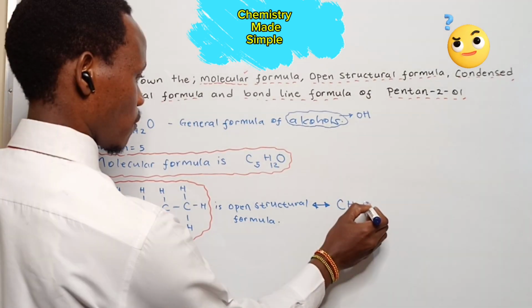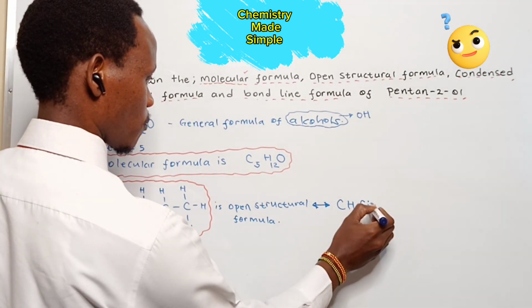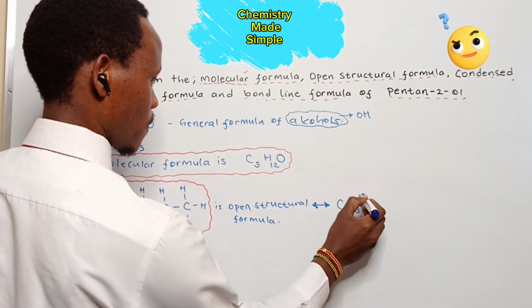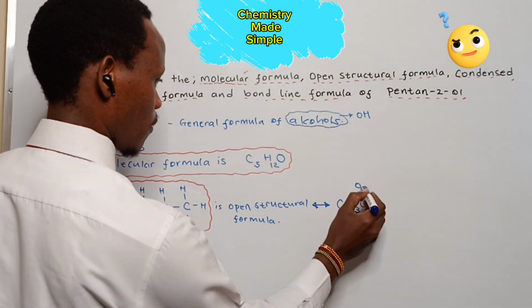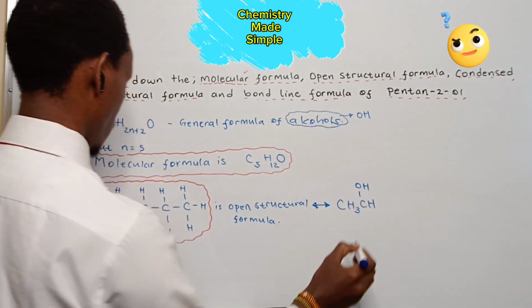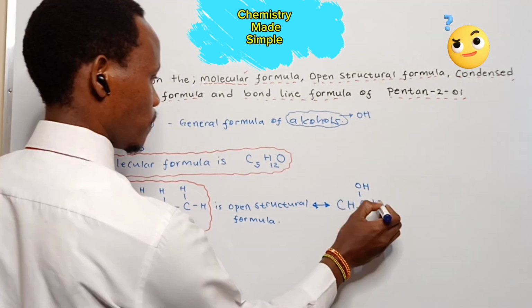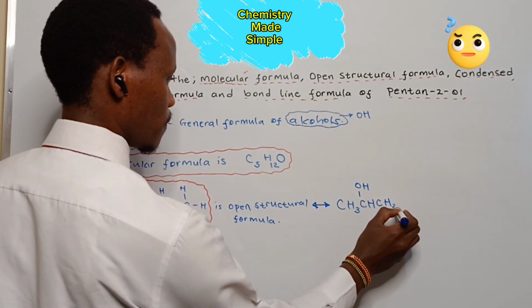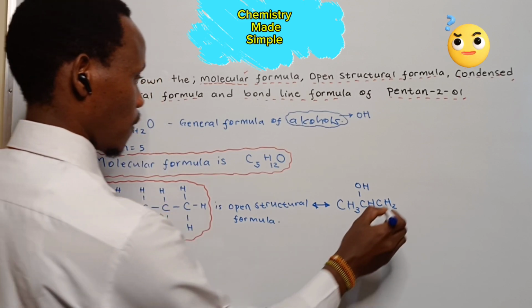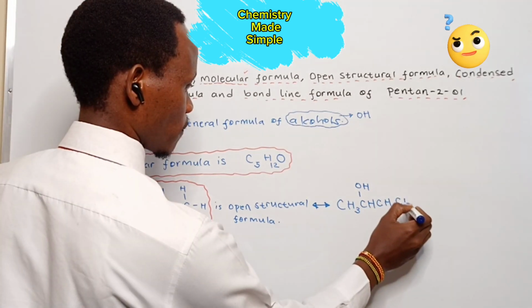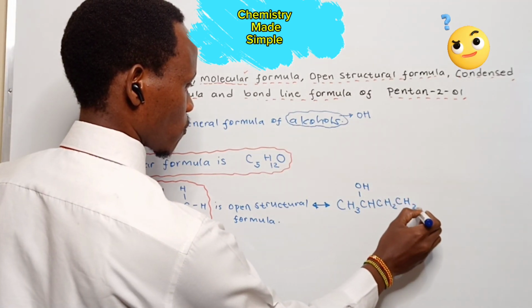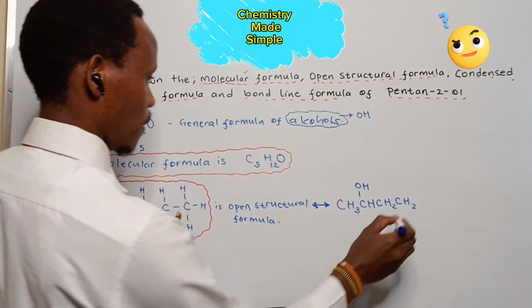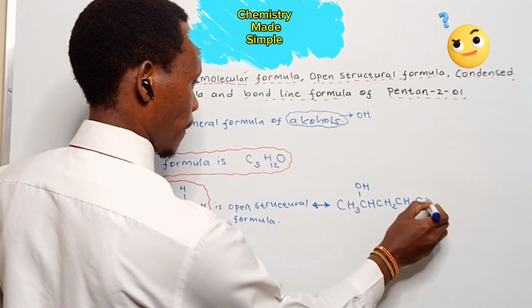The second carbon has 1 hydrogen and our functional group. Third carbon, 2 hydrogens. Fourth carbon, 2 hydrogens. And the last carbon, 3 hydrogens.